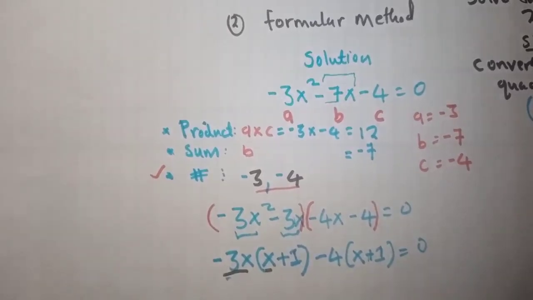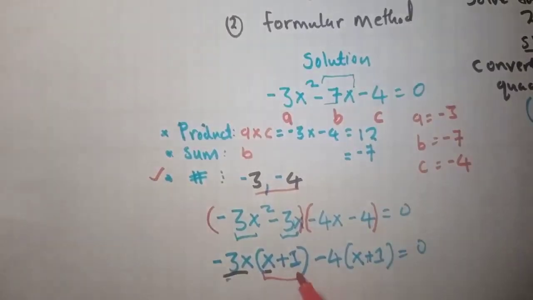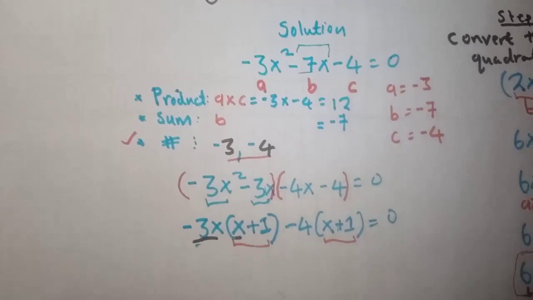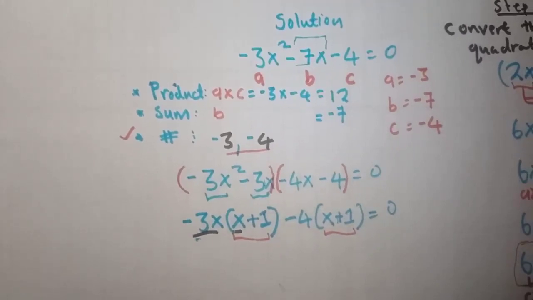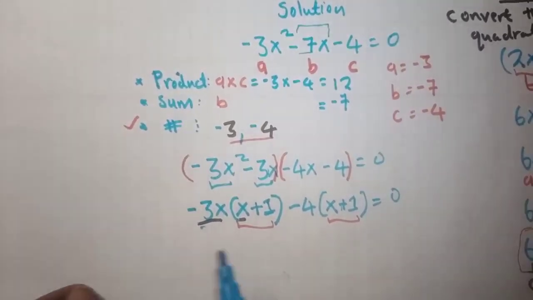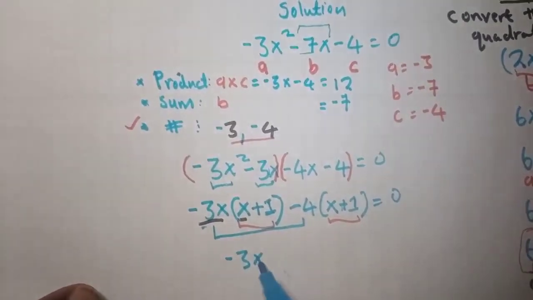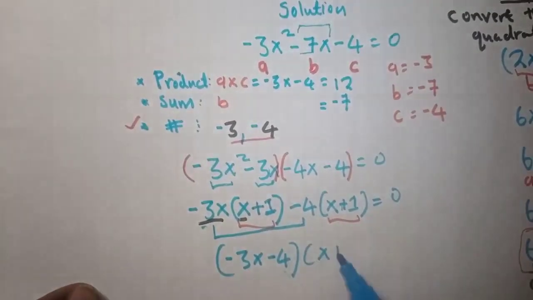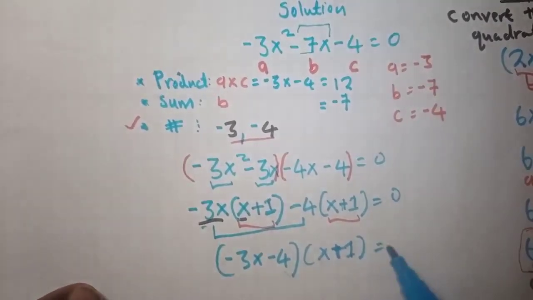The way you can tell whether your factorization is right, you should always get the same thing in the brackets. If you notice there, we have got x plus 1, x plus 1. Okay, so now you're going to group this with this, so negative 3x minus 4, and then you just pick 1, x plus 1, is equal to 0.